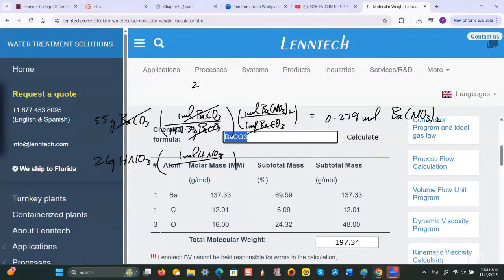So again, we need to find the molar mass of HNO3, which is 63.01. So that goes here: 63.01 grams of HNO3 would be below as a denominator in that conversion factor.